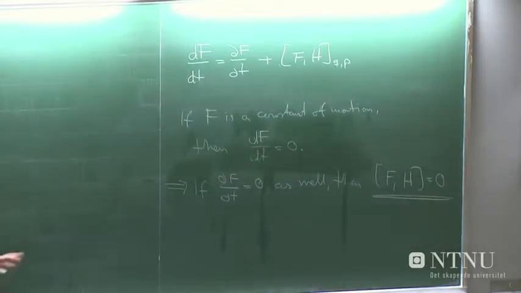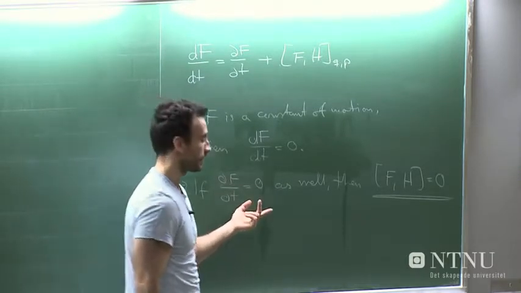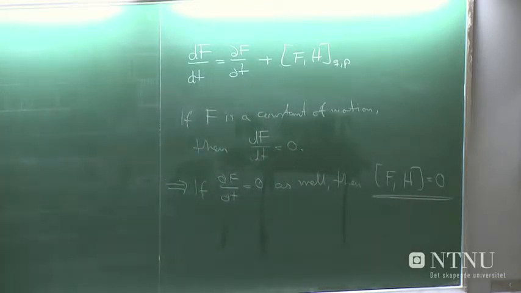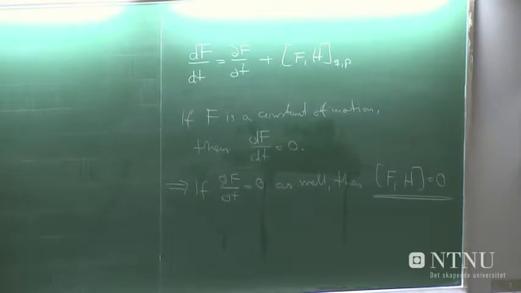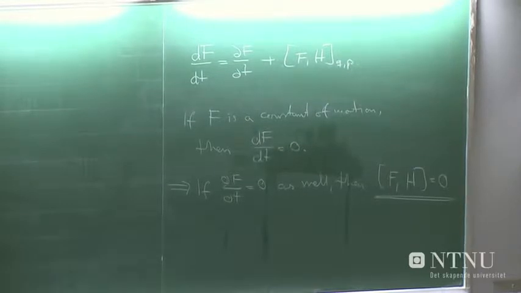So the point is just that if f is a constant of motion and it has no explicit time dependence, then the Poisson bracket vanishes. And we ended yesterday, I believe, by considering an example of how these Poisson brackets could be used for the angular momentum, using the components of the angular momentum vector and momentum.